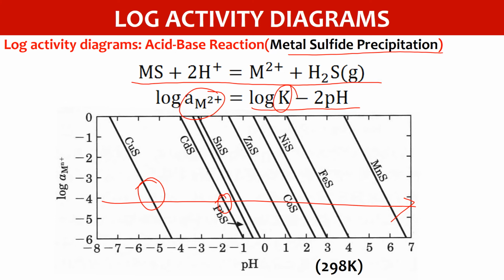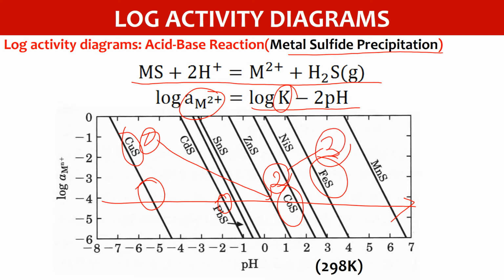So assume that you want to precipitate out sulfides from an aqueous solution, and you've got your copper, your cobalt, and your iron. You design your process such that you first remove your copper, then your cobalt, and third you precipitate out the iron.